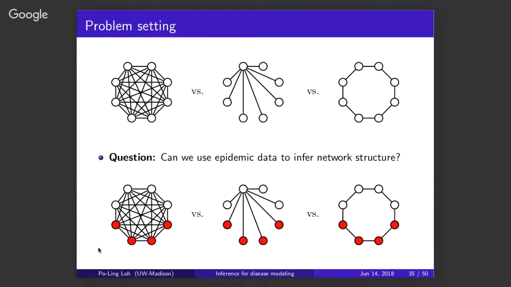And what we have is just one snapshot of information on who has the disease, and we want to infer which one of these structures is most likely. So the way I've drawn it, if the information is going to spread through contagion, then the second one is extremely unlikely or just impossible, because if the information starts from a single node, it's going to have to go through that hub node before it gets to anybody else.